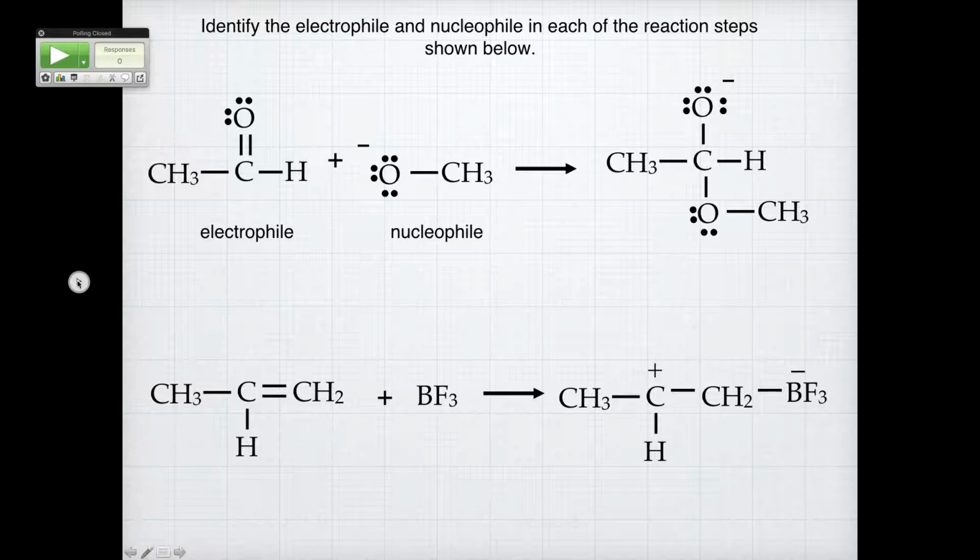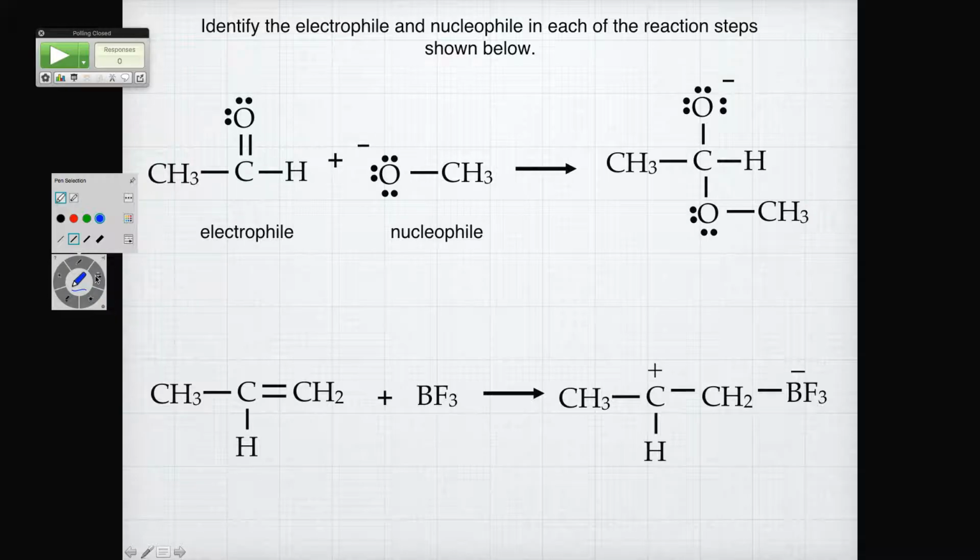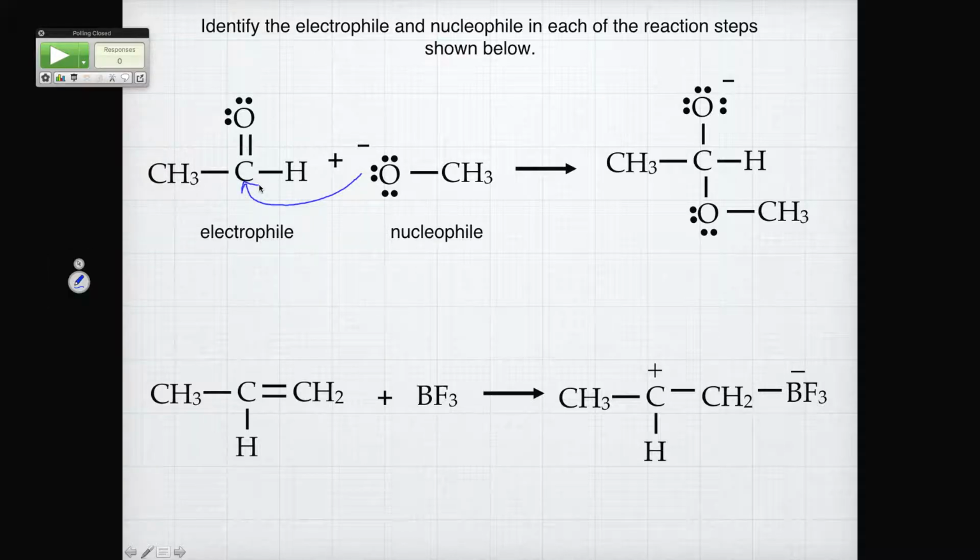Okay, and if you are going to draw the arrows, you would start at high electron density, and we went here. Can we stop there? No, because that carbon would have how many bonds? 5. Does carbon get 5 bonds? You should all resoundingly say, no. Okay, now where do I go?